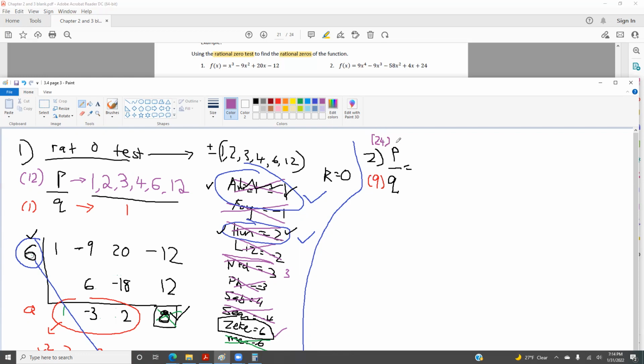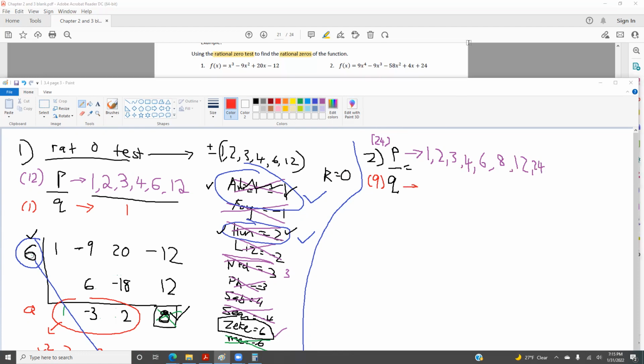Did we do 24 before? Can someone tell me what the factors of 24 are? I think we did it before, right? Yeah, I got 1, 2, 3, 4, 6, 8, 12, and 24. Very good. Q is 9.